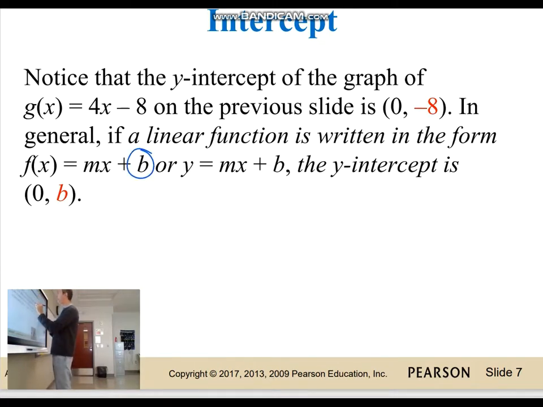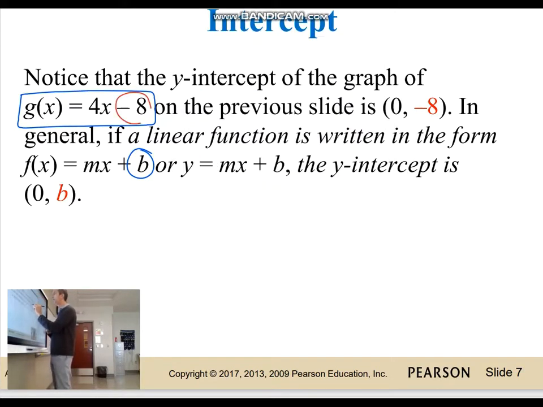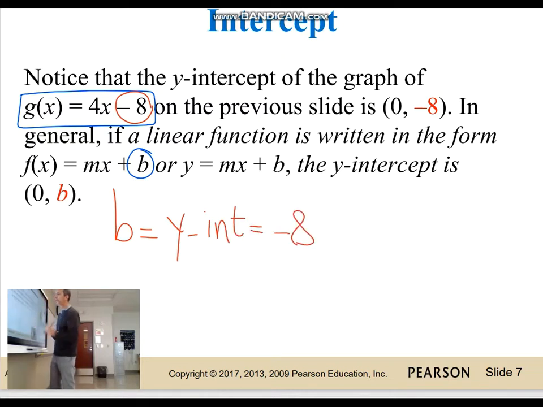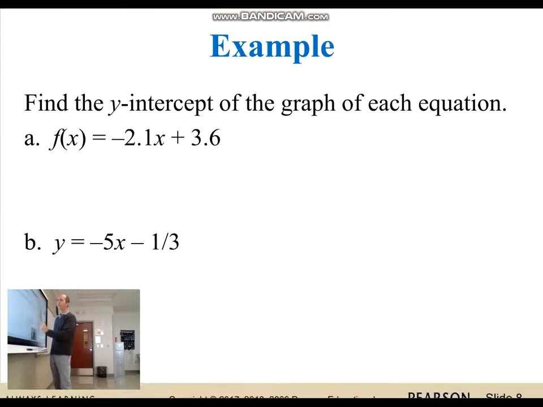If we have the function, we can easily identify the y-intercept, which is b. Here b equals the y-intercept equals negative 8. Any time you find a linear function written in this form, you can identify the y-intercept as b.